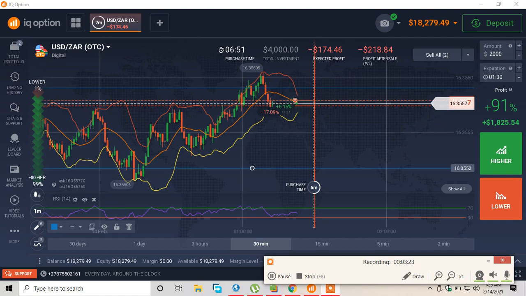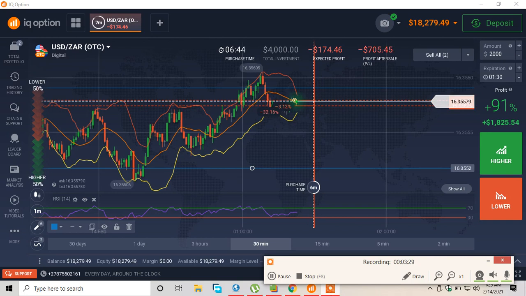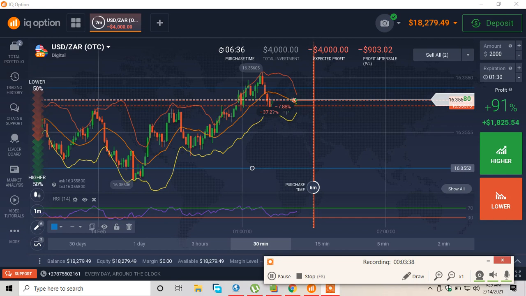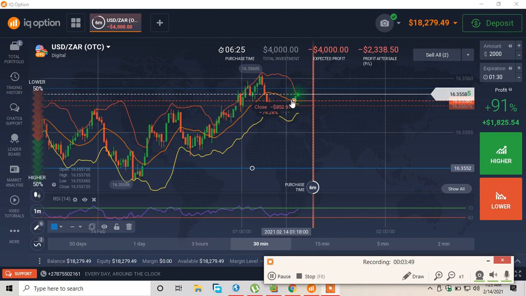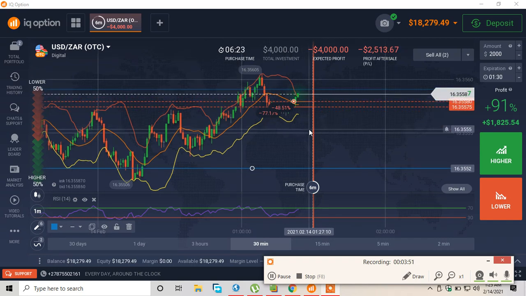99% of the time when you use this strategy, the market will go out of the money for the majority of the time, but it will then close in the money. This low here must be broken, because the market came back in, bounced down, bounces up, it must come and break this way.